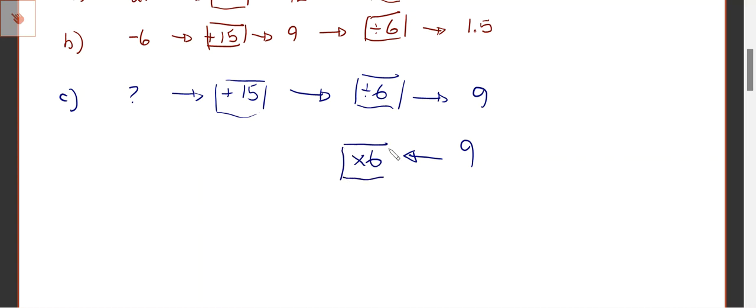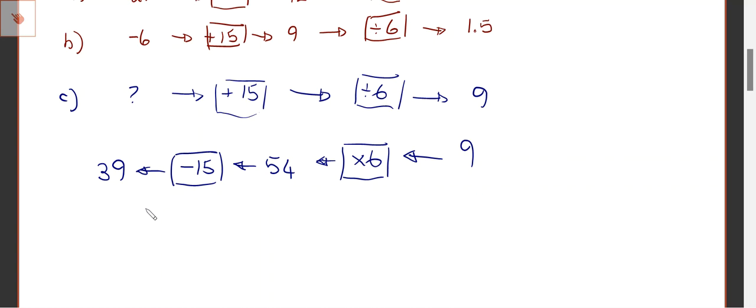So first of all, we do 9 times 6, and we get 54. And then we have to put that into what's the inverse of plus 15. Okay, 54 subtract 15 is, so take the 10 gives me 44. Take off 5 gives me 39. So it's 39. Okay.